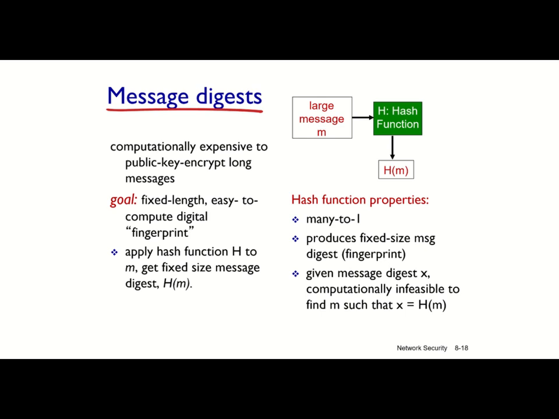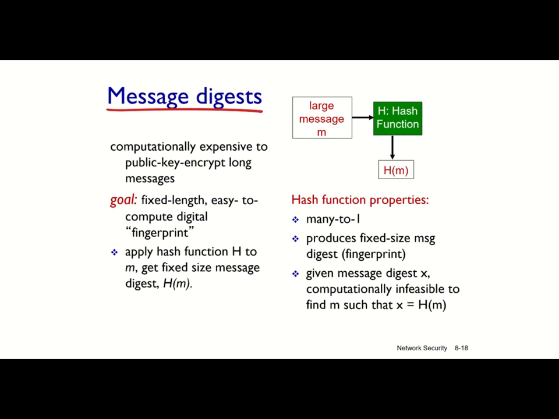And as you probably know, hash functions are many to one, unlike what we have for private key or public key, which are one to one. But here hash functions are many to one, which means that the domain space is much larger than the codomain space for that hash function.